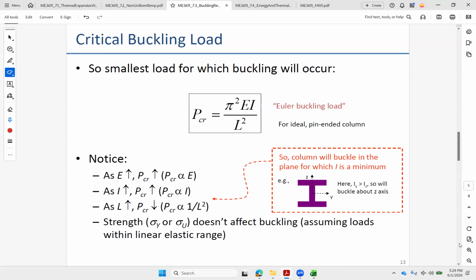It'll buckle off from the Z-axis instead of off from the Y-axis. So in a 3D case, if it's not constrained with a pin through there, it's more like a ball and socket joint, then it's going to buckle to the left or right before it would buckle up or down. So in a 3D case, you have to be careful if it's not the same cross section looking on both axes.